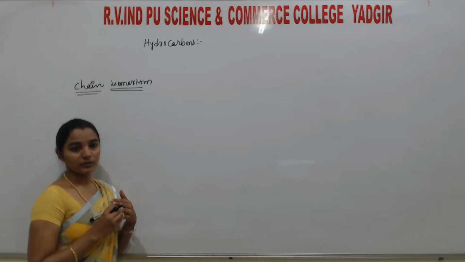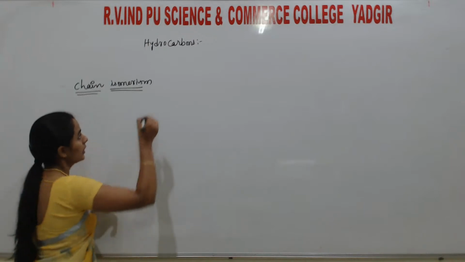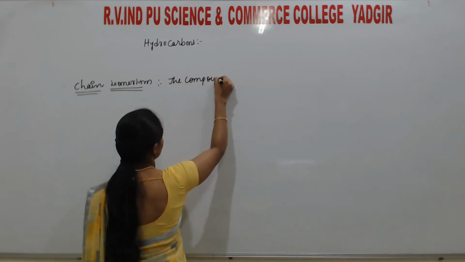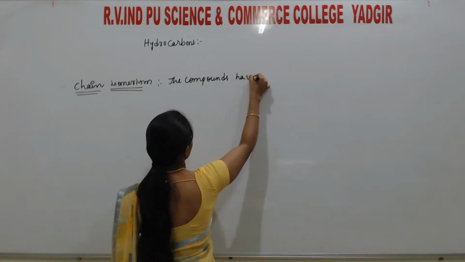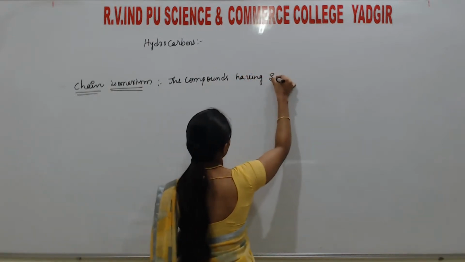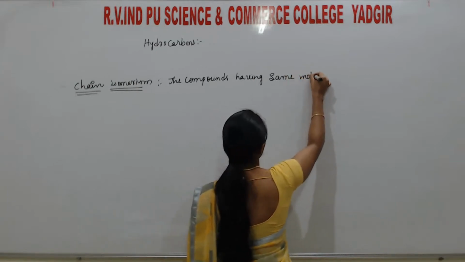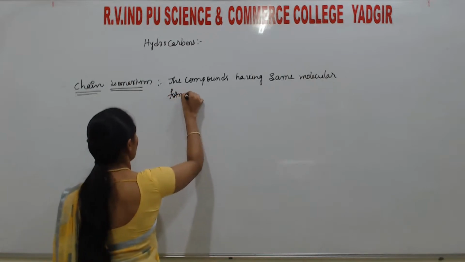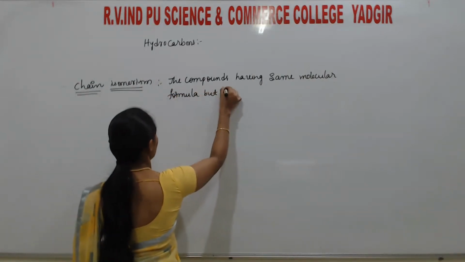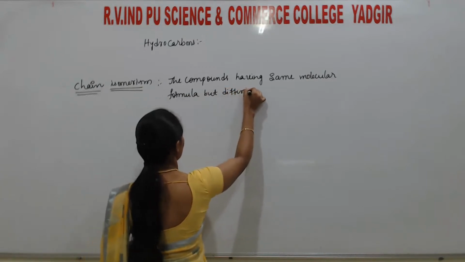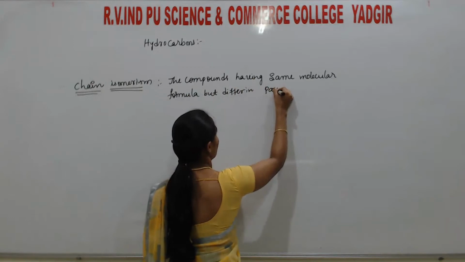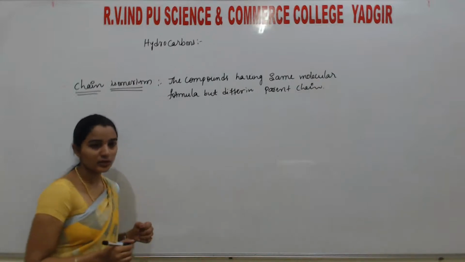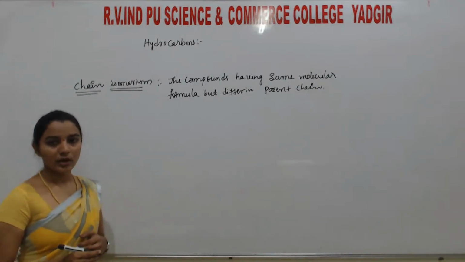in parent chain. Understood? Here I write: the compounds having the same molecular formula but differing in parent chain are called chain isomers, and the phenomenon is called chain isomerism.